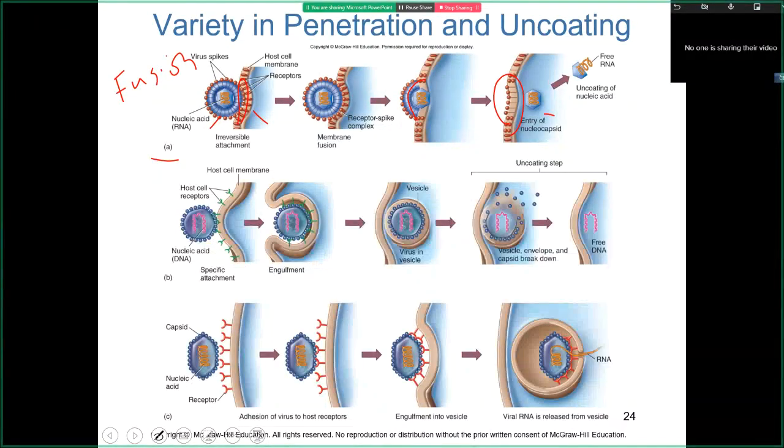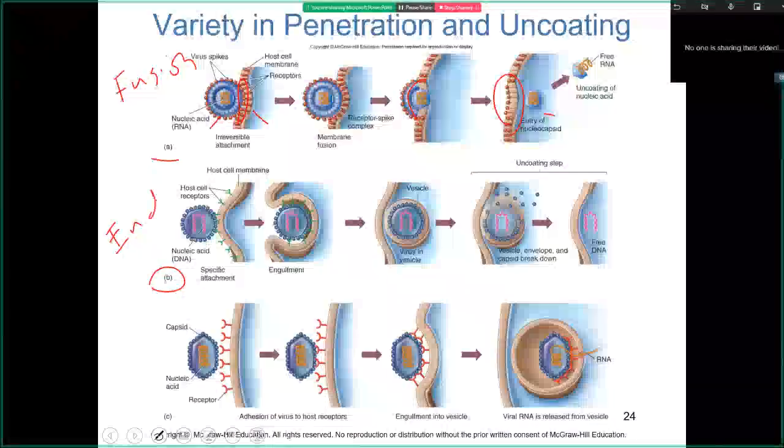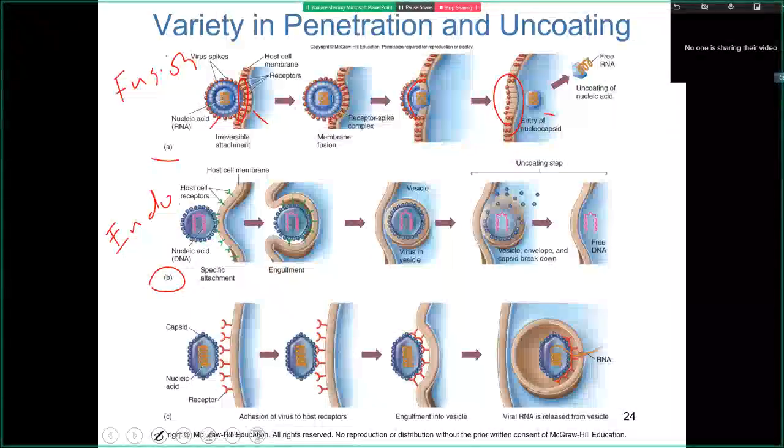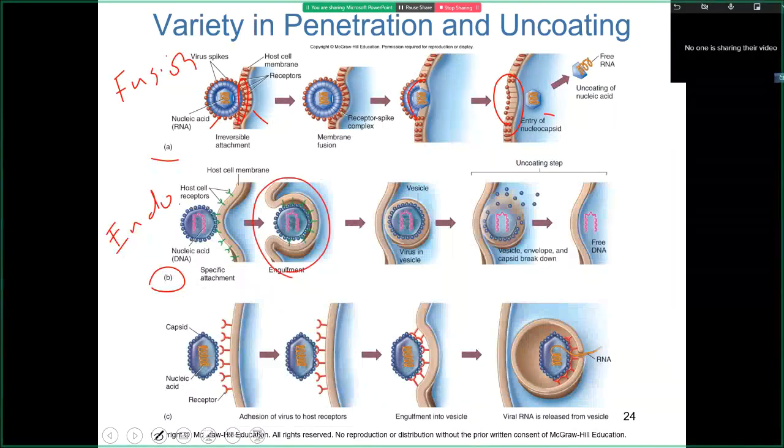This is good old endocytosis here. That's the endocytosis, where we've got the adsorption of spikes and receptors, and the invagination step, the engulfment step, and you get your vesicle with the enclosed virus.